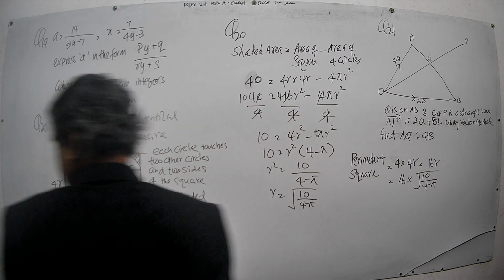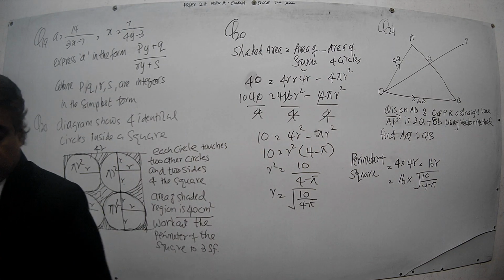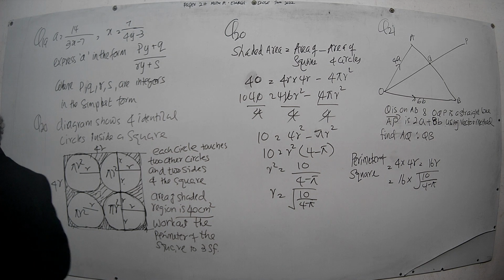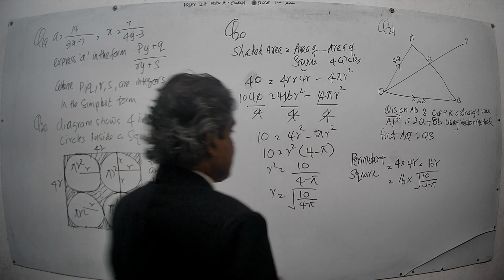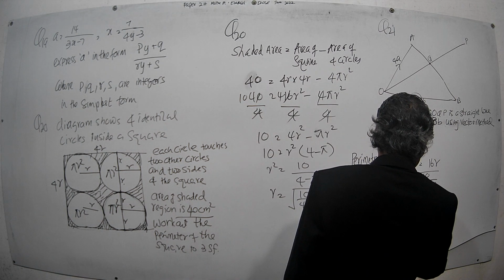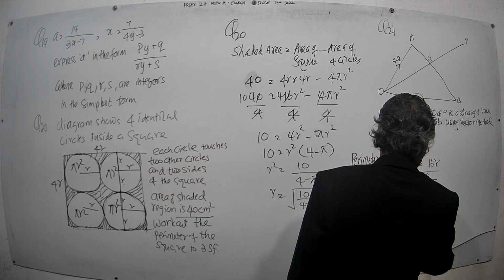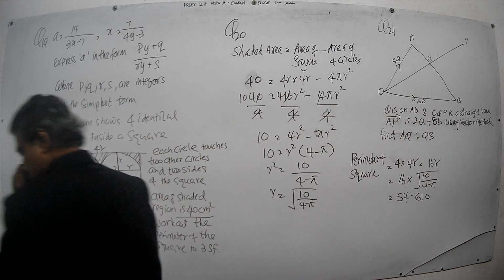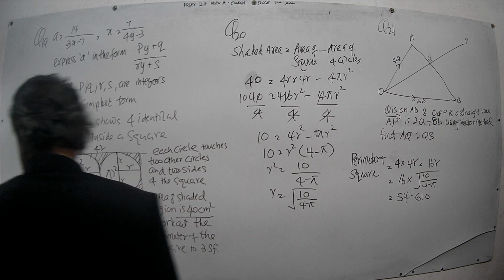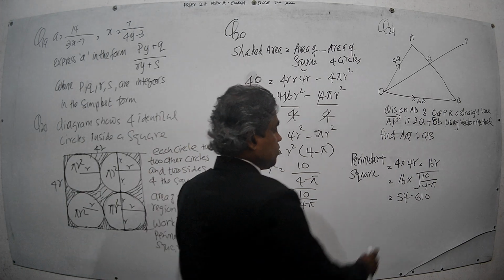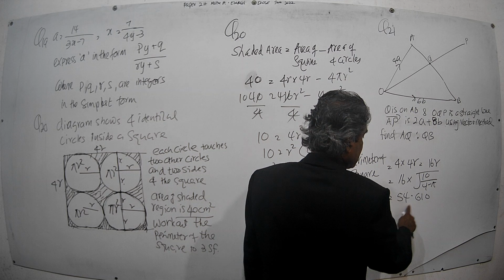The value is 54.610. Then they ask the answer correct to 3SF. 3SF means first significant figure, second significant figure, third one.